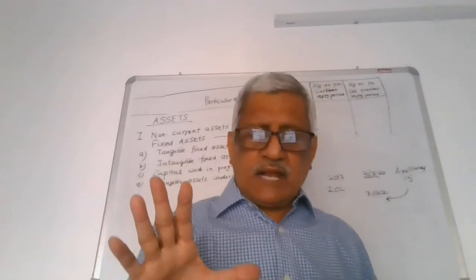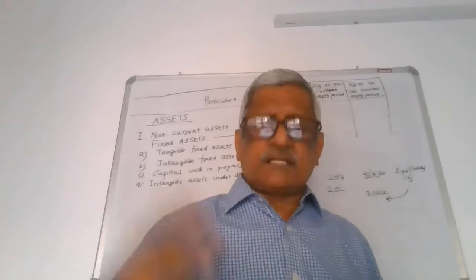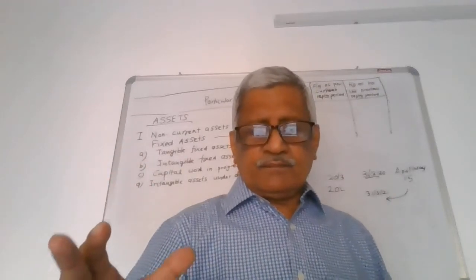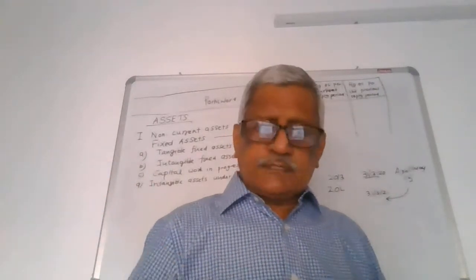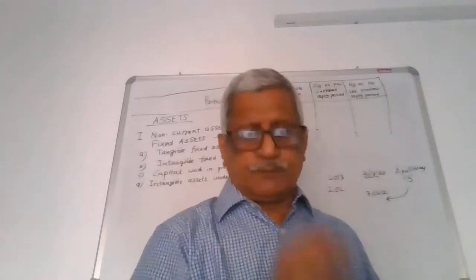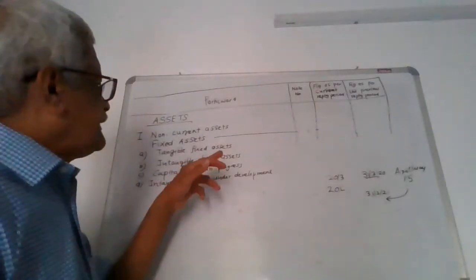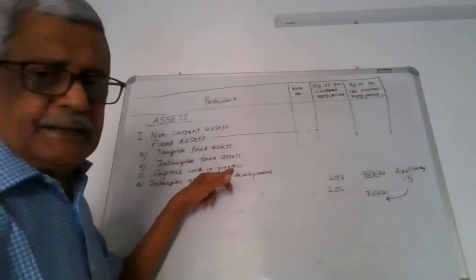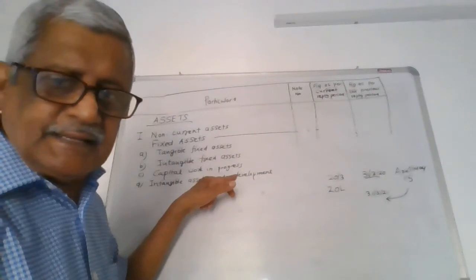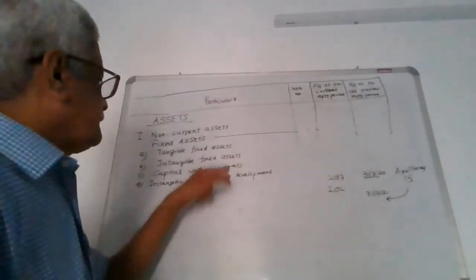So any asset which is in the progress of construction or is yet to be put into use will appear as capital work in progress, because any asset which is not put into use cannot be depreciated as per the IT Act. That is the reason why it appears as capital work in progress.